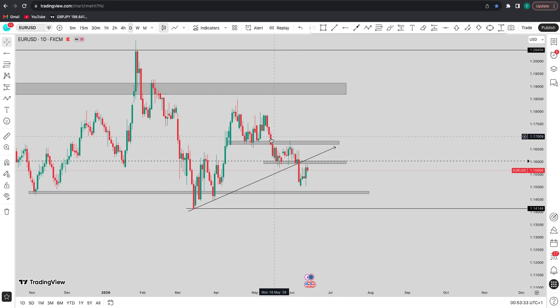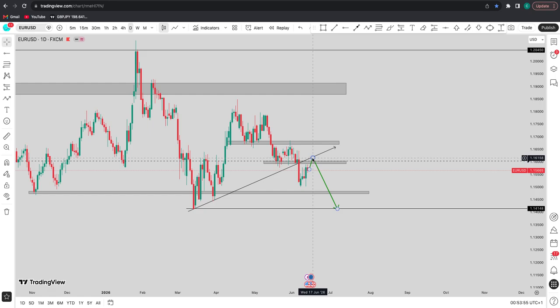So we have a break of this support level, retest. Now we have a new breakout of this support level. So I want the market to use it as a resistance. I want the market to tap back into this level, and then boom.